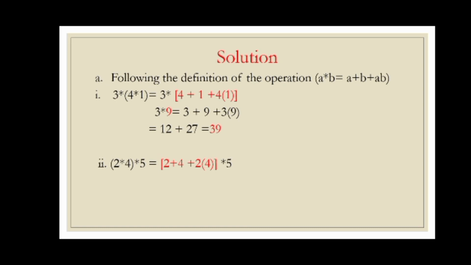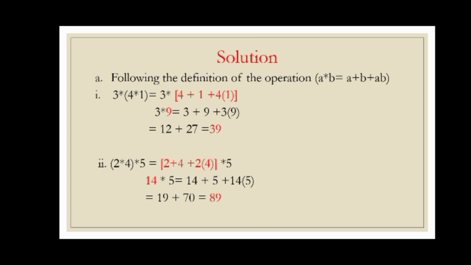So A is 2, plus B is 4, plus AB, that's 2 times 4. Then you bring your star 5 out. 2 plus 4 is 6, 2 times 4 is 8, so 6 plus 8 is 14. So the answer to 2 star 4 is 14.